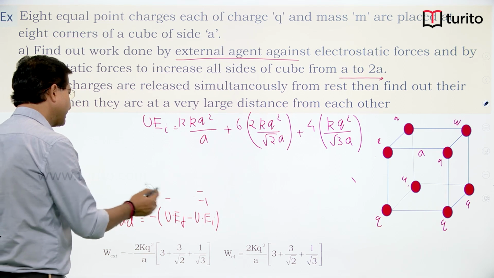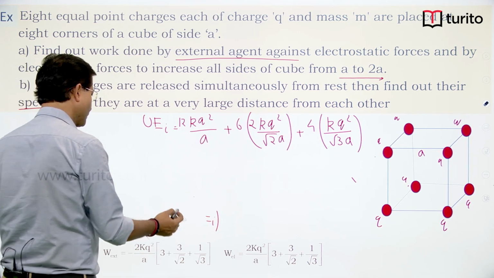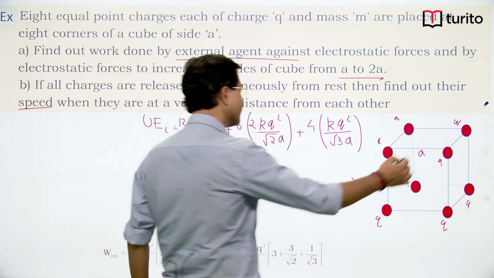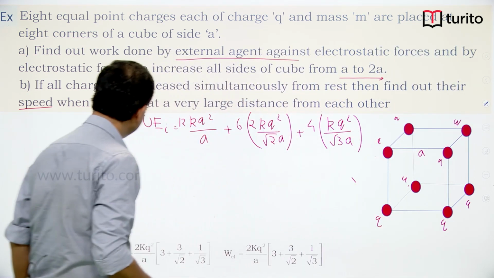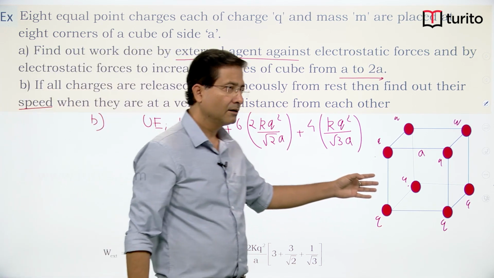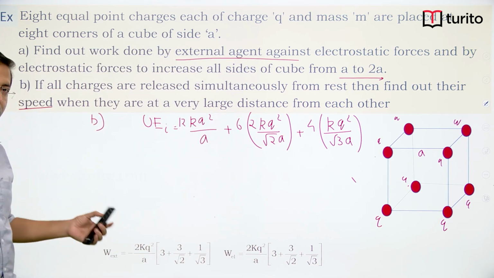Now there is change in kinetic energy. So, now I am solving second part, this B part. So, initially they were held like this and then system is released and all these particles reach infinity.